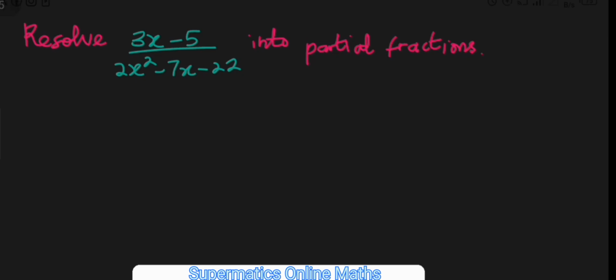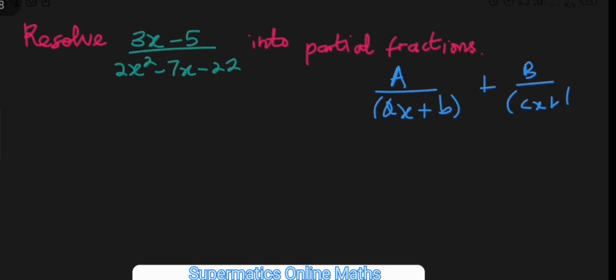That is, in this case, we are looking for fractions of the form A/(ax + b) and B/(cx + d) that actually add up to give the single fraction.